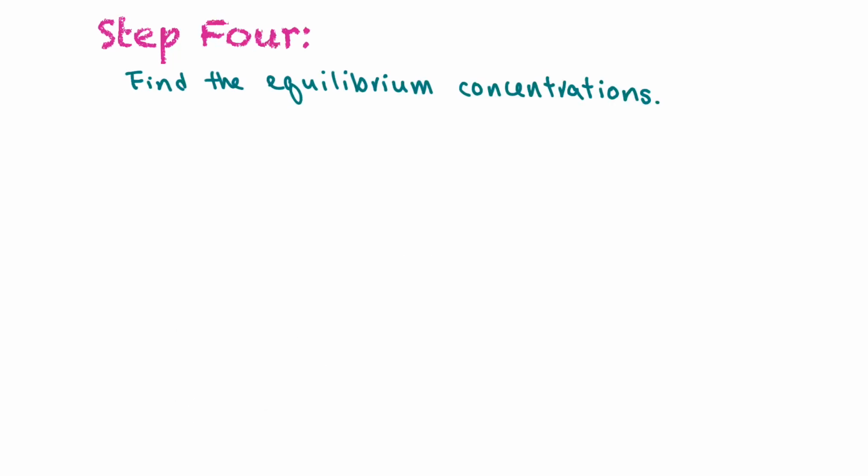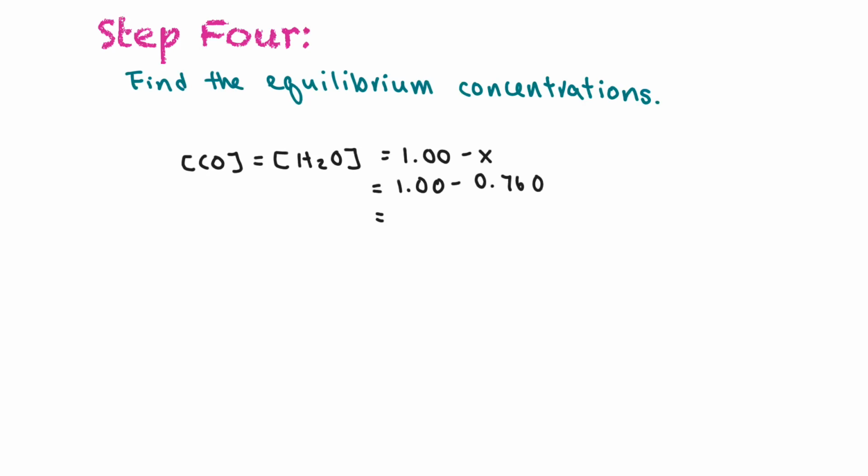So remember, the concentration of carbon monoxide is also equal to the concentration of water vapor. So that's going to be equal to 1.0 minus x. So that's going to equal 1.00 minus 0.760, which is equal to 0.240 moles per liter.